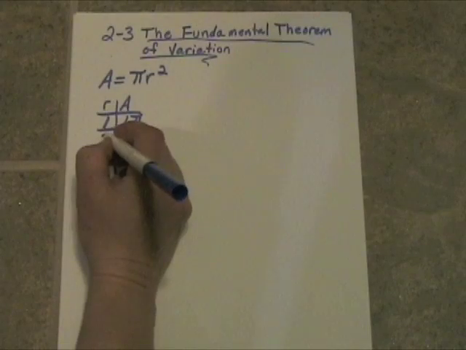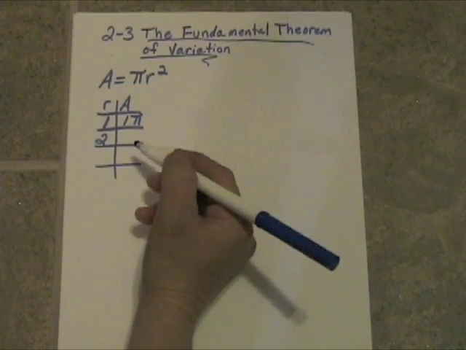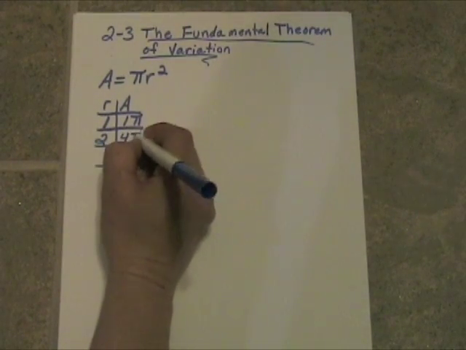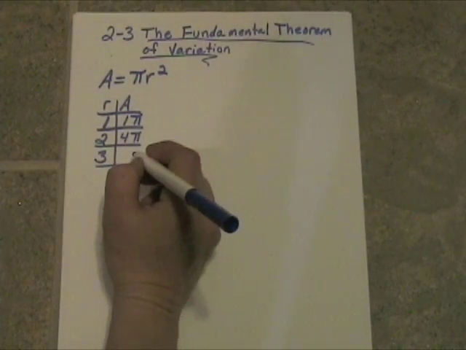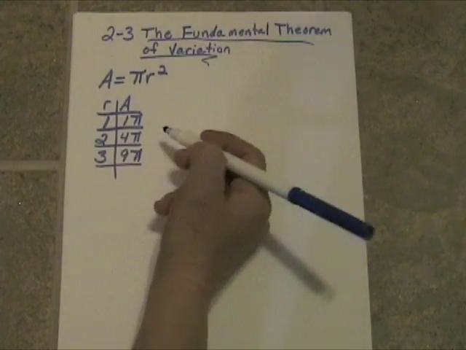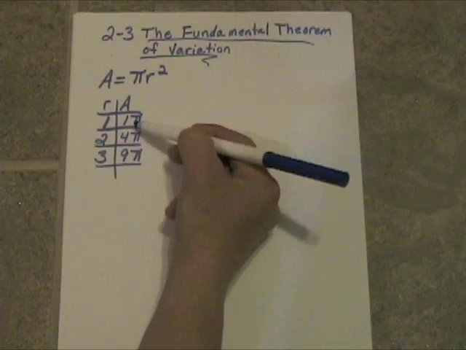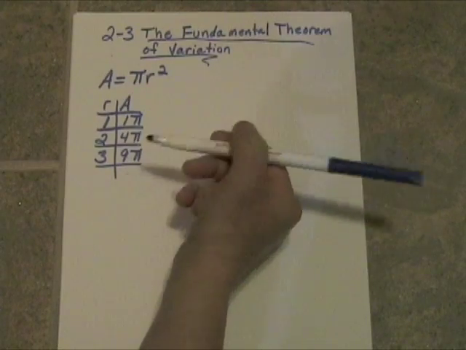And if we put a radius of 2 in, we'll get 2 squared, which is 4. So we'll get 4 pi here. And if we put a radius of 3 in, we will get 3 squared, which is 9 pi. Notice I'm leaving them in exact form so that we can see any relationships perhaps a bit better.